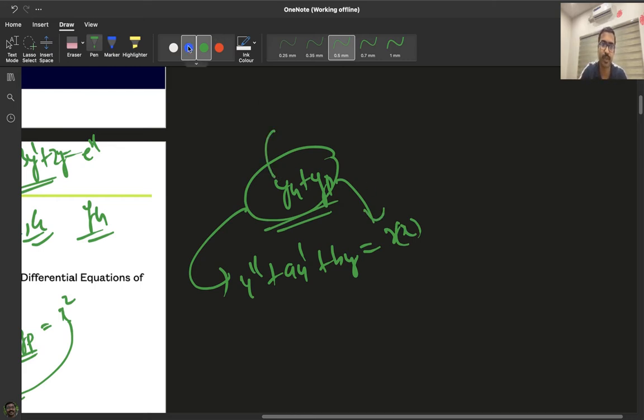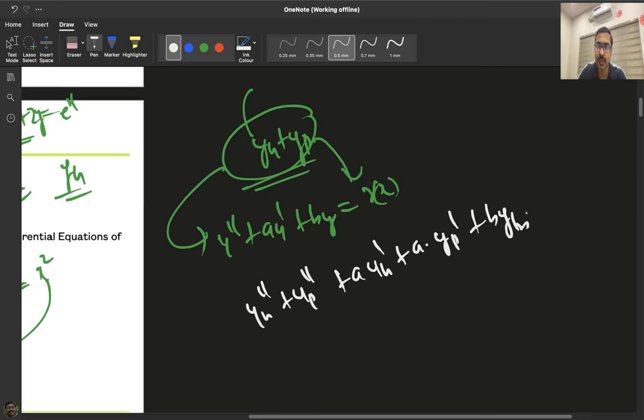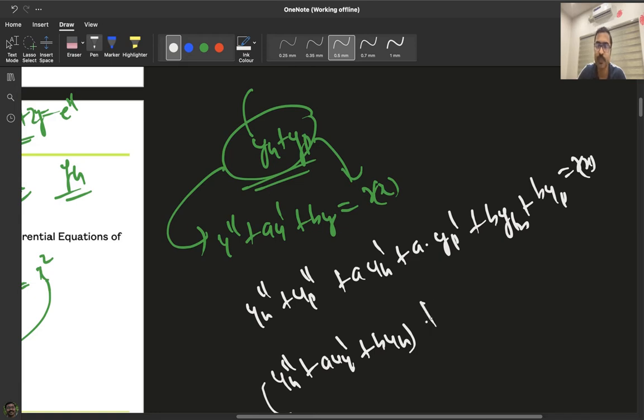So when I substitute, it will be yh double dash plus yp double dash, plus a into yh dash plus a into yp dash, plus b into yh plus b into yp, equal to r of x. Taking together terms involving yh, it will be yh double dash plus a yh dash plus b yh, plus yp double dash plus a yp dash plus b yp.